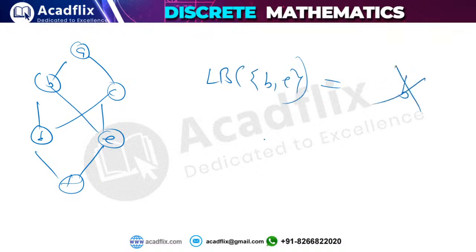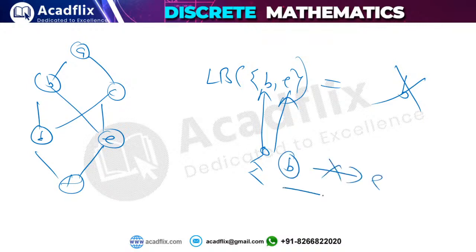Why? Because the lower bound definition says that a lower bound is an element which is related to both of them. But this B is not related to E. So B will not be present in the lower bound. Is this point clear? Let me know if this point is clear.